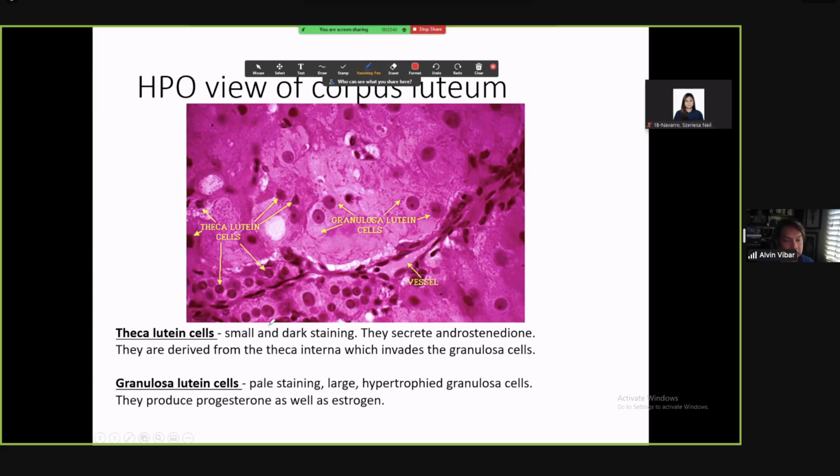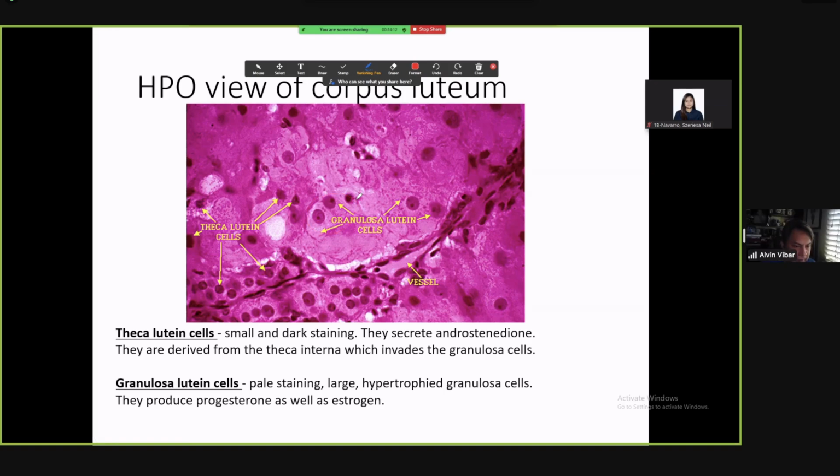The theca lutein cells are said to be small and dark staining. That will guide you. The small, dark staining cells we call theca lutein, while the large, pale staining cells we call the granulosa lutein cells.